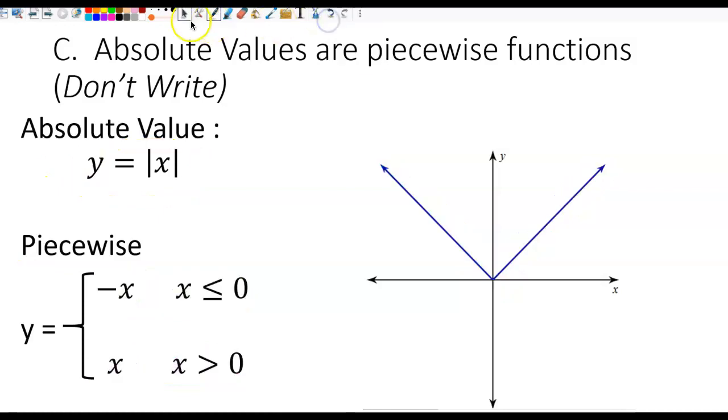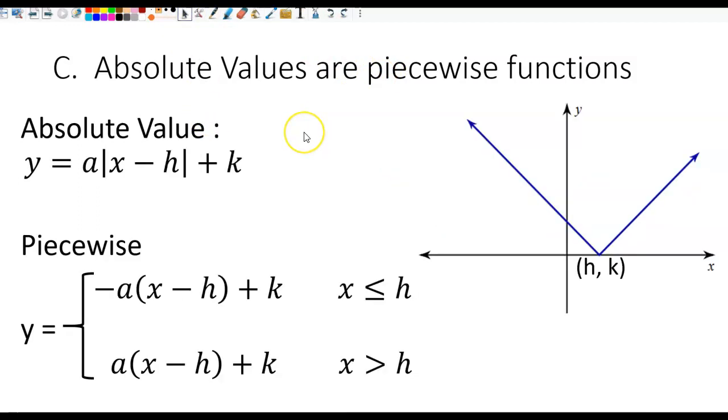So that's why we are making the connection for you guys today between absolute values and piecewise functions. So basically, absolute value functions are piecewise functions. And today, our goal is going to be to give you an absolute value function like this one, and then your job is going to be to change it into a piecewise function.